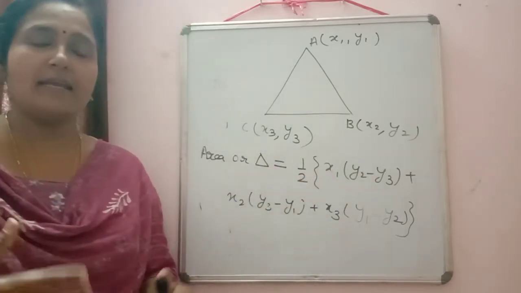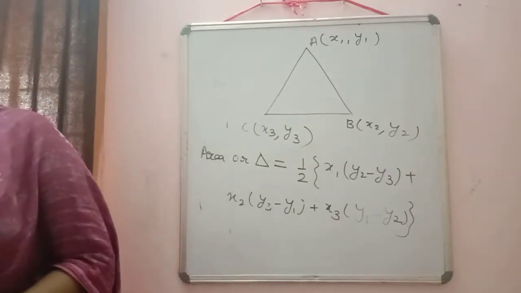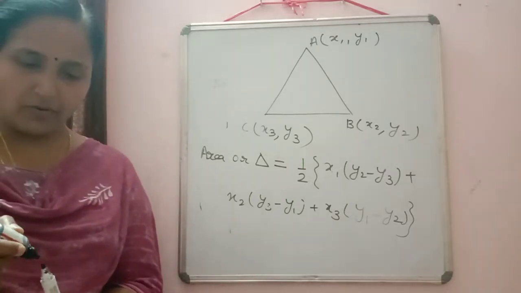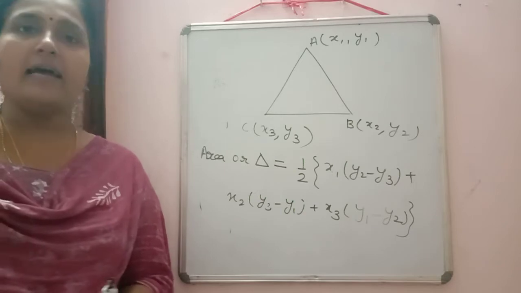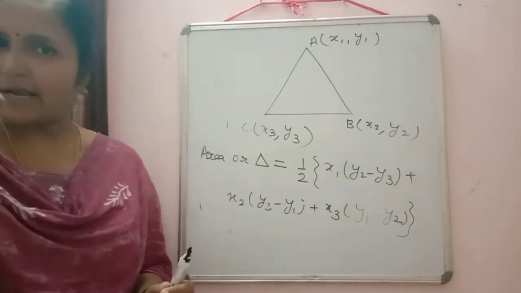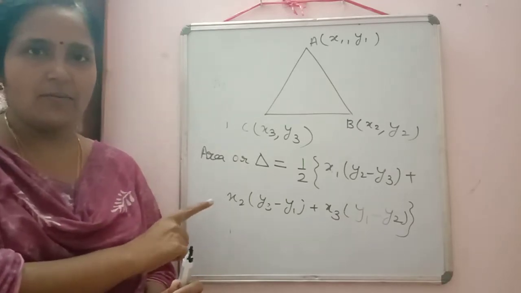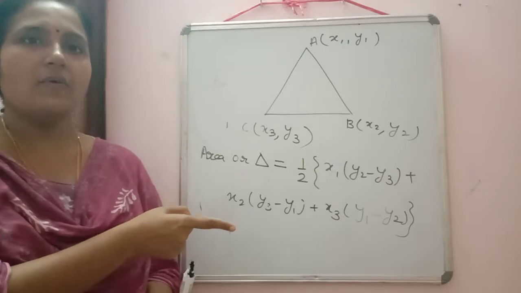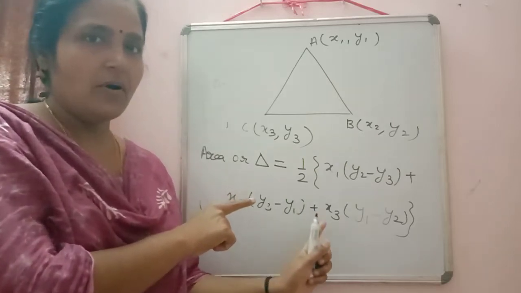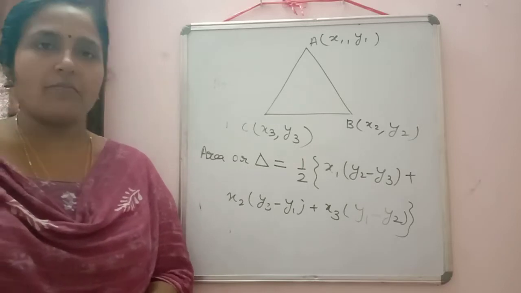So can you say it without looking at the board? Yes, area of triangle is equal to half into [x1 into (y2 minus y3) plus x2 into (y3 minus y1) plus x3 into (y1 minus y2)]. In this way we can remember the formula.